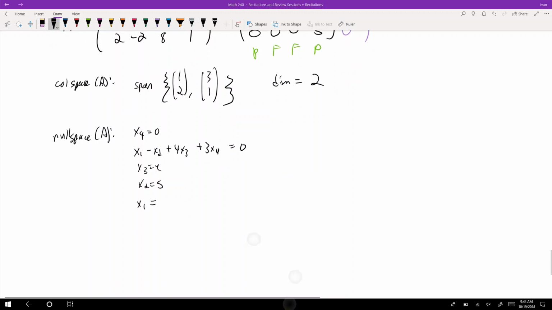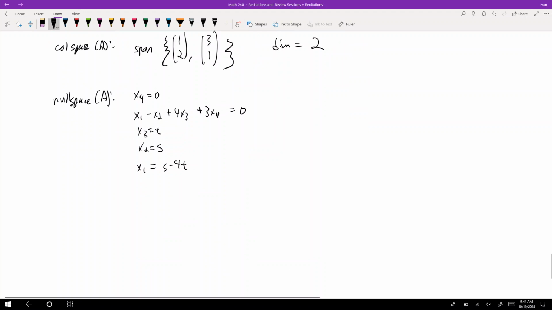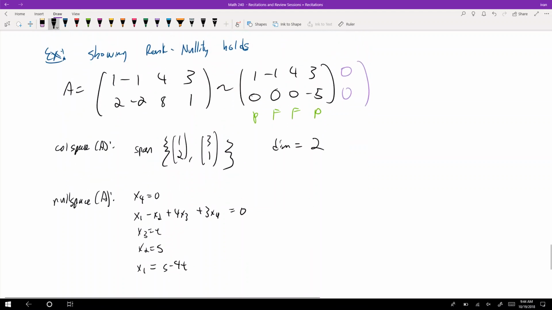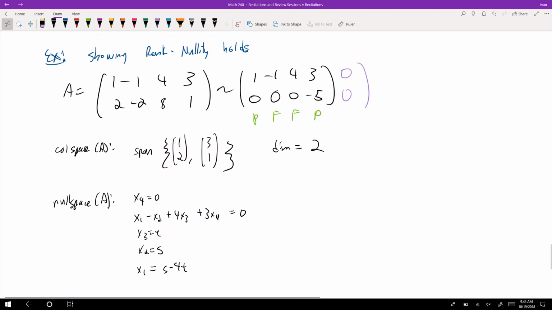Then x1 has to be equal to s minus 4t, by solving that equation from row 1. Okay, so this gives me then x is equal to the following: (s minus 4t, s, t, 0).